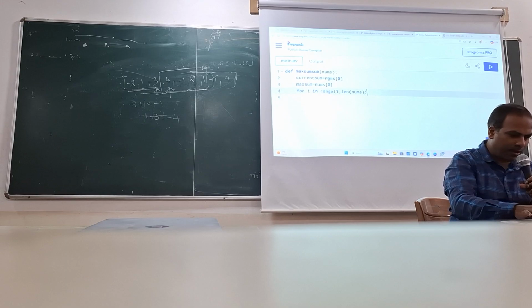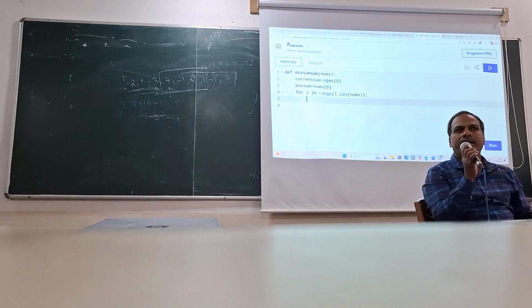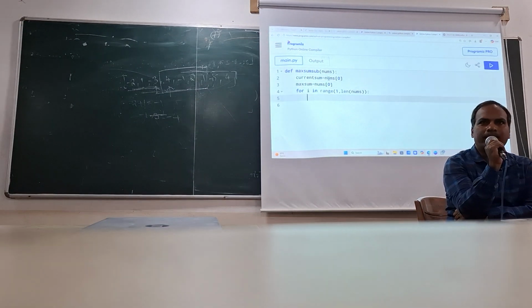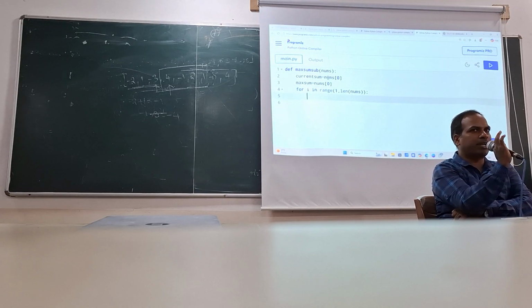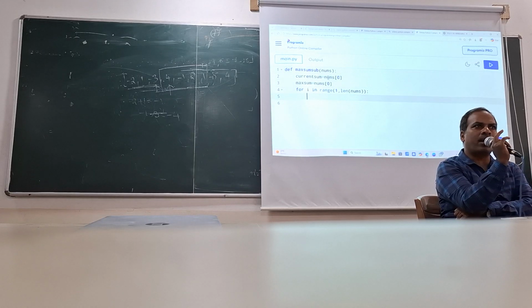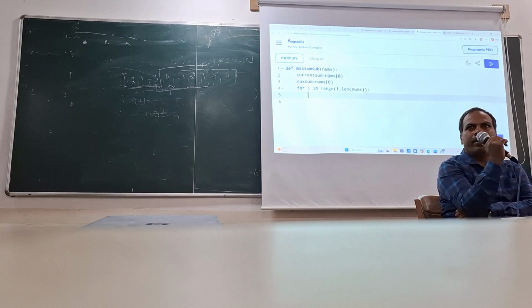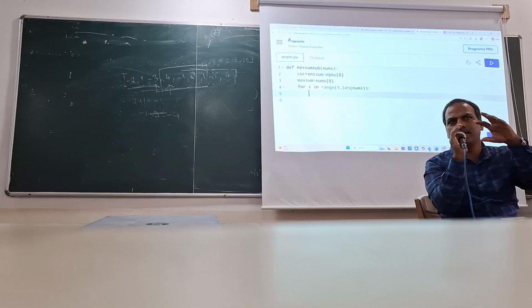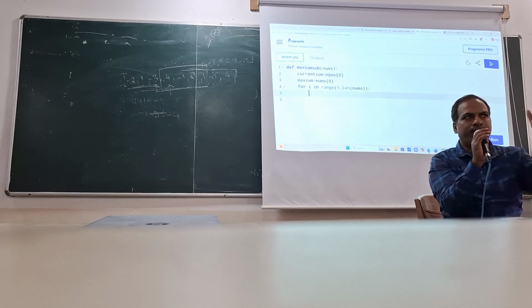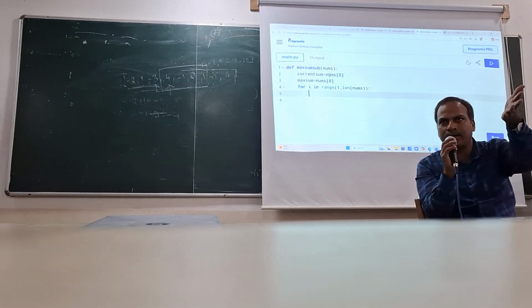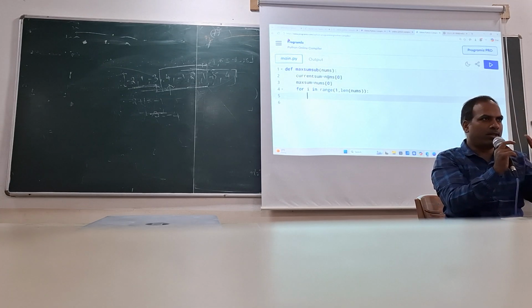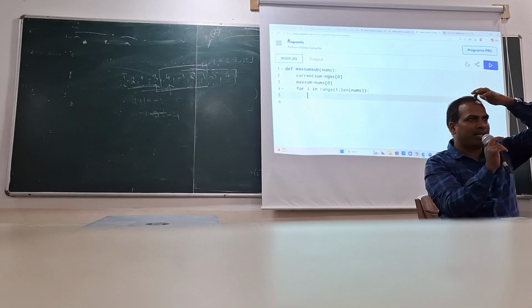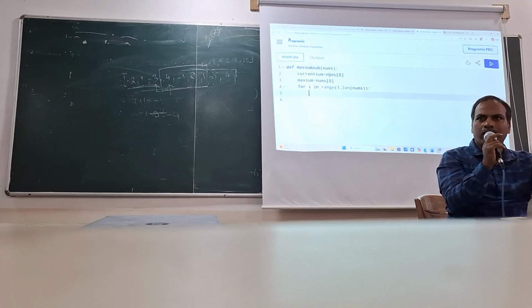Now we have to calculate the current sum and max sum. Whether you are extending the subarray or starting a new subarray depends on whether, when you add the next element to the previous sum, the sum is more than or less than the current element. Whichever is maximum, you pick that. That one will become your current sum.